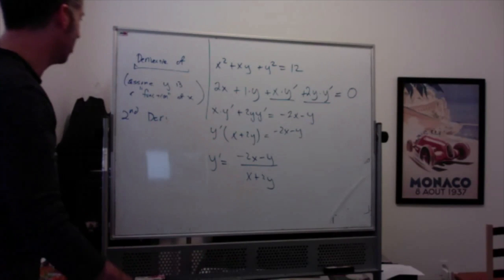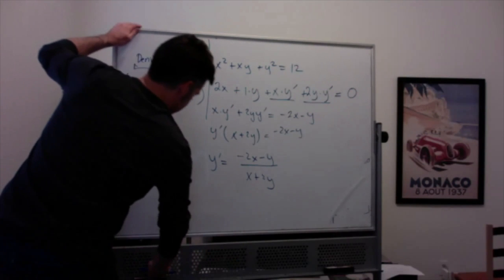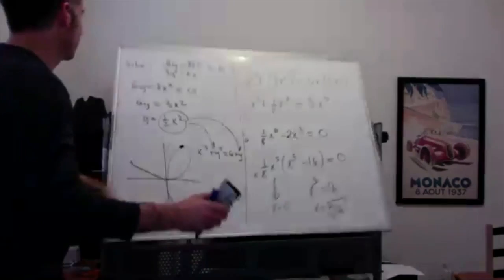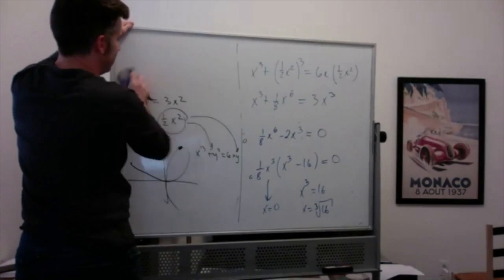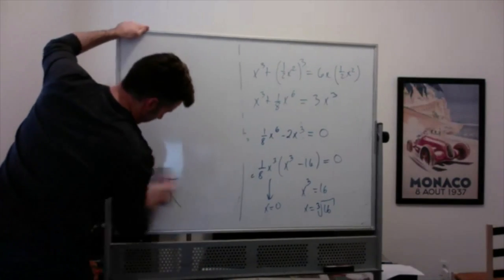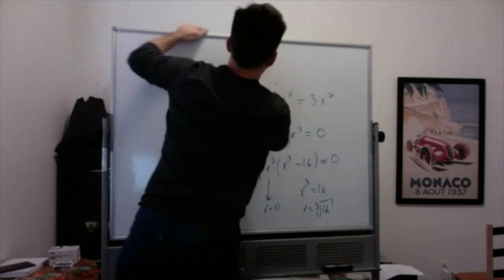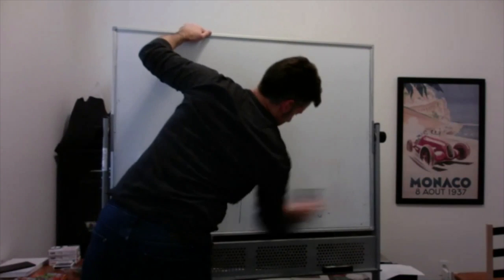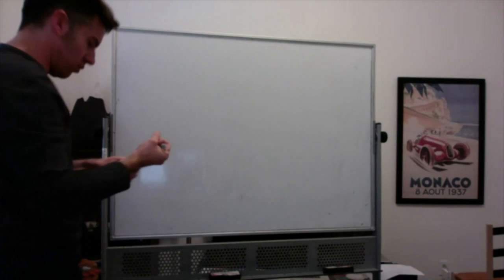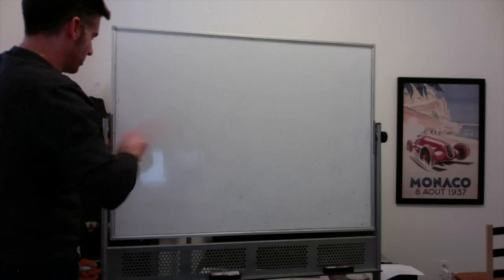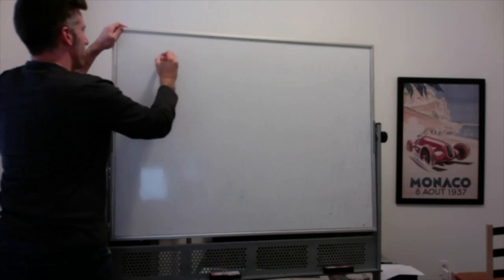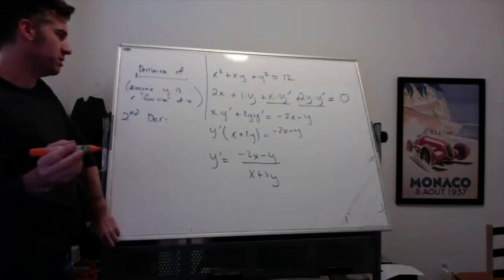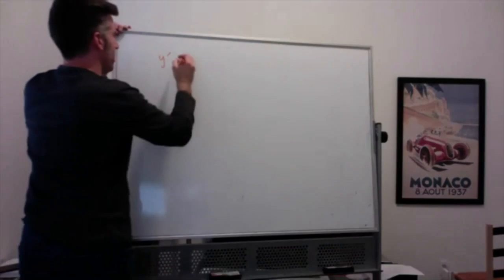So let's write this on the other side so we have enough room. And then there's some funkiness that happens sometimes. So, let's use orange. I haven't used orange in a while. So we have y prime, which is negative 2x minus y over x plus 2y.